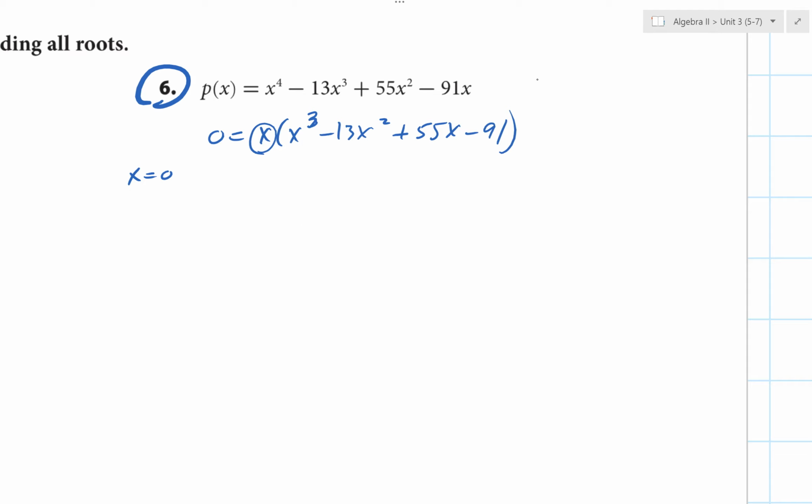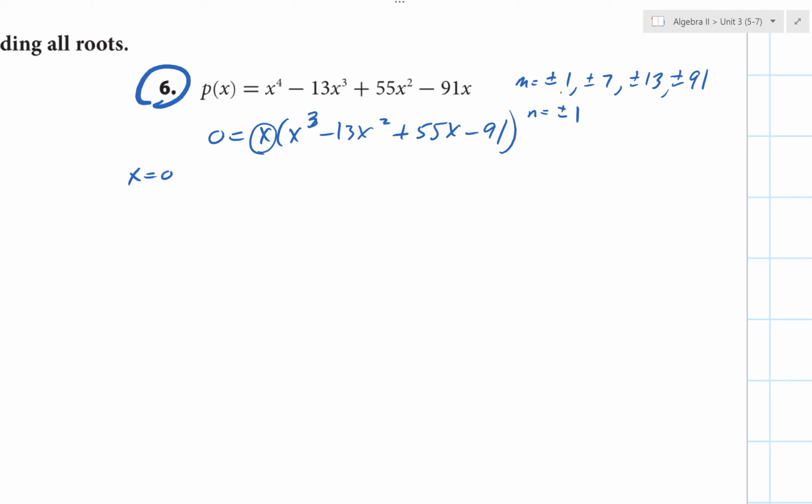And the factors of 91 are, so m could be plus and minus 1, plus and minus 7, plus and minus 13, and plus and minus 91. Those are all the factors of 91. And n is just plus and minus 1.